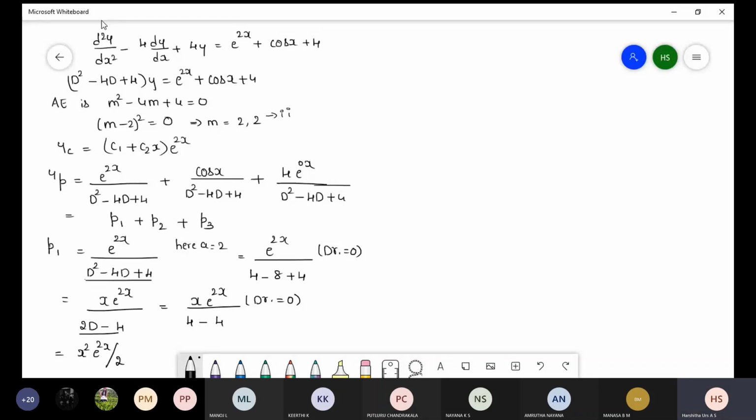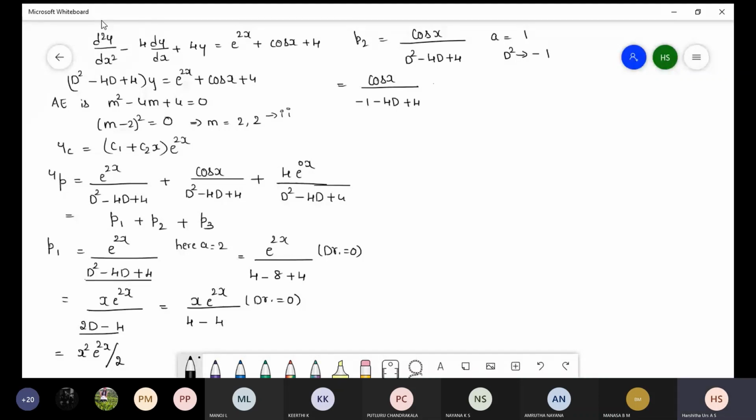Now p2, cos x divided by d square minus 4d plus 4. Here a is equal to 1. So d square should be replaced by minus 1. Cos x divided by minus 1 minus 4d plus 4.